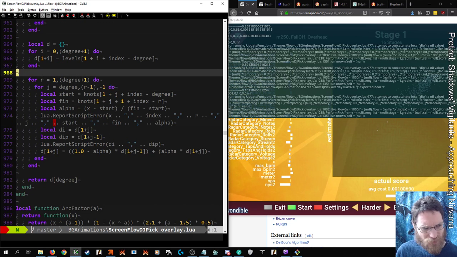I mean, we could skip this loop at degree 0, which doesn't necessarily help me debug it. What is 1 to degree plus 1? So that's 1 to 1. That's 0 to 0.